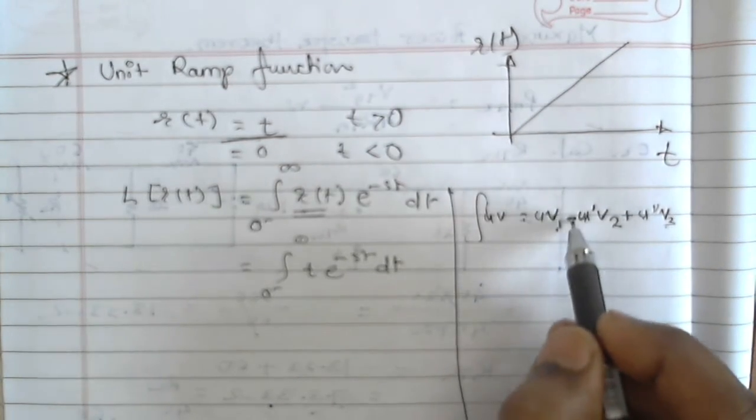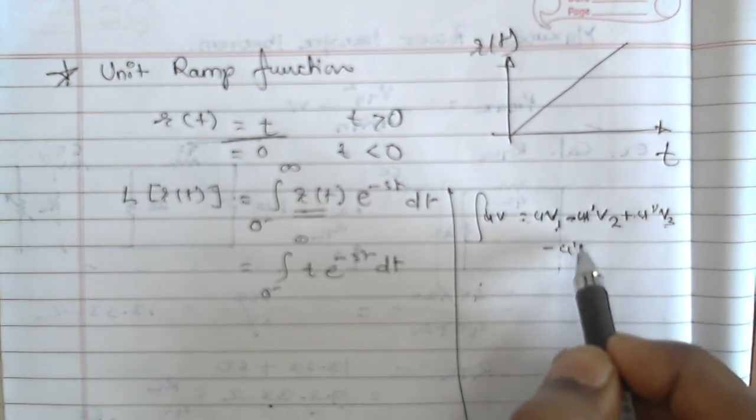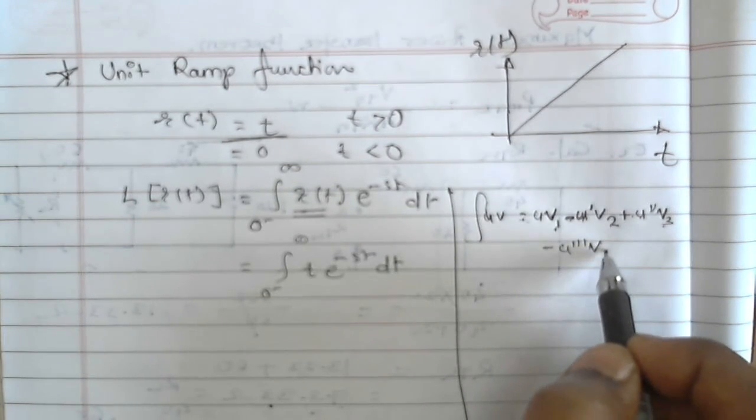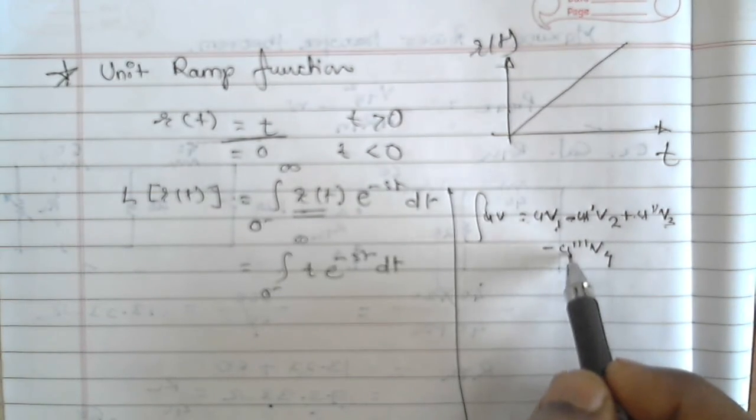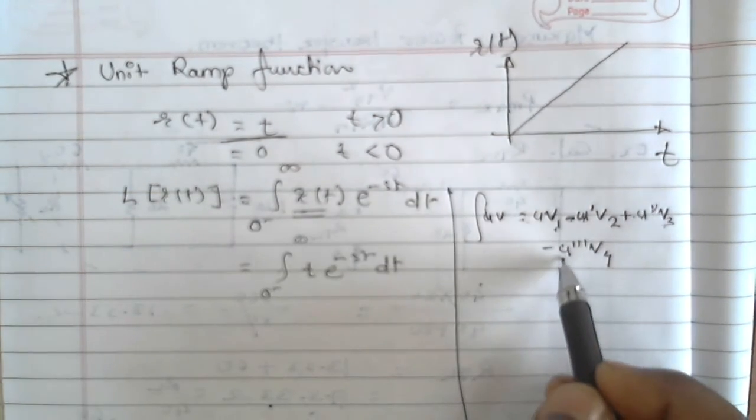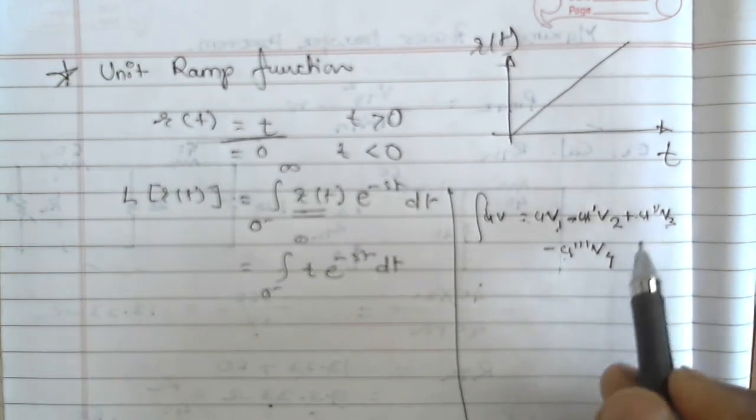Okay, plus again minus u triple dash into v4, so u triple dash is the derivative of u double dash and v4 is the integration of v3.